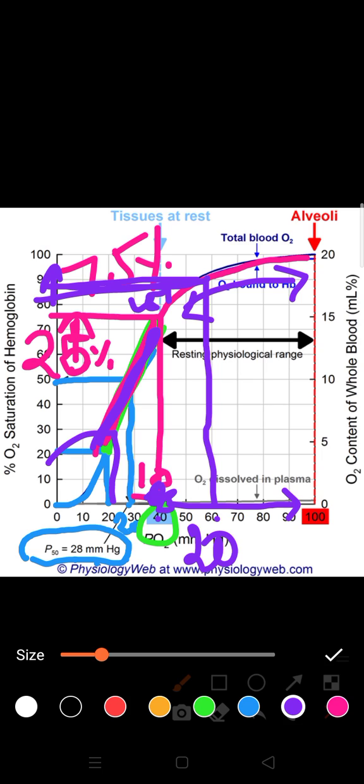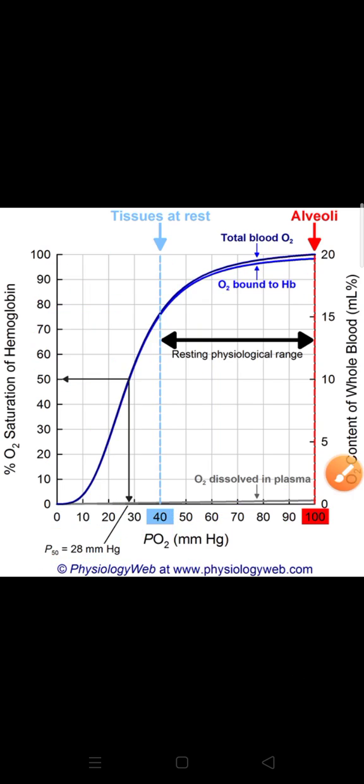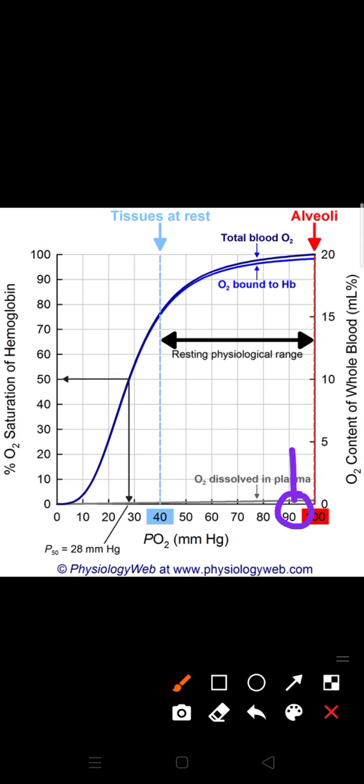Please remember this term, 75% at 40 mmHg, and 97%, you can see here, children, 97% above at about 95 mmHg.